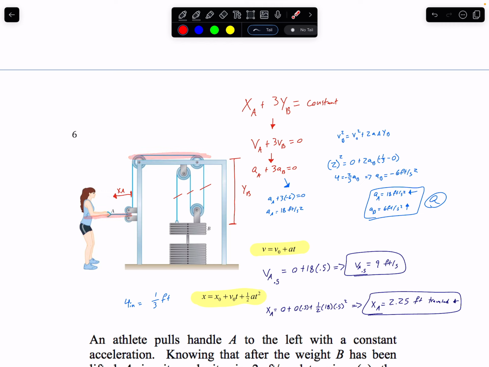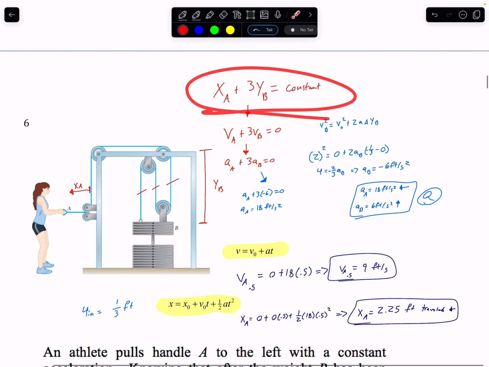It never changes. The more you pull this guy out, the more these three will respond. But since we know it's constant, you can see this equation: every foot you pull out here, you'll only get 4 inches up.